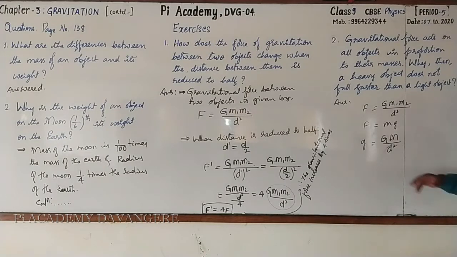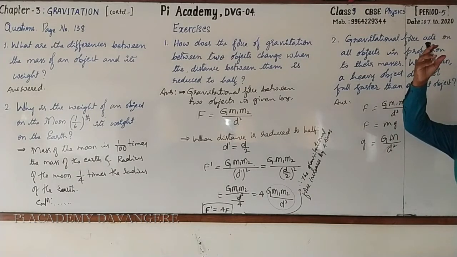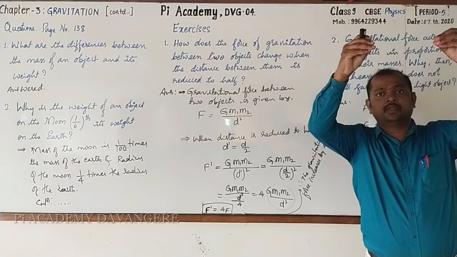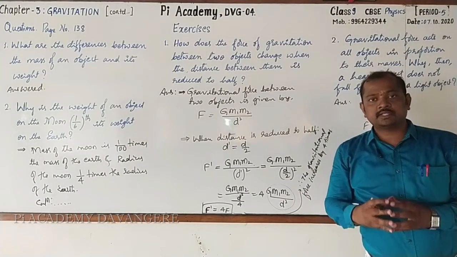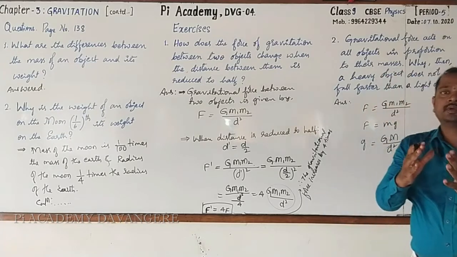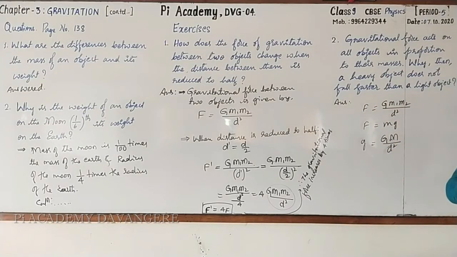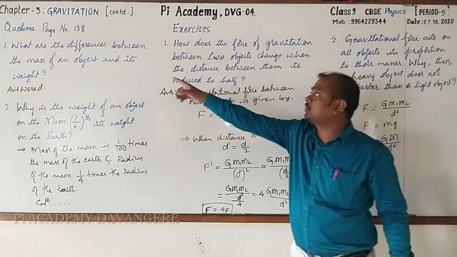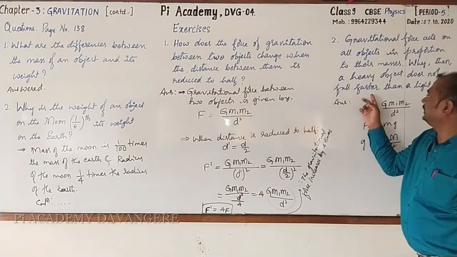That means acceleration due to gravity depends on the mass of the earth, not the mass of the object. So when the objects are dropped from the same height, they touch the ground simultaneously if there is no air resistance. Clear? Okay. So now I'll write the answer for this question, and meanwhile you just go for writing from there to here.